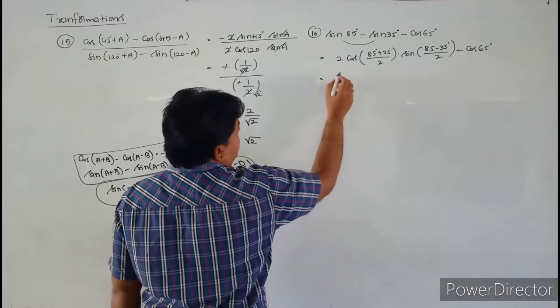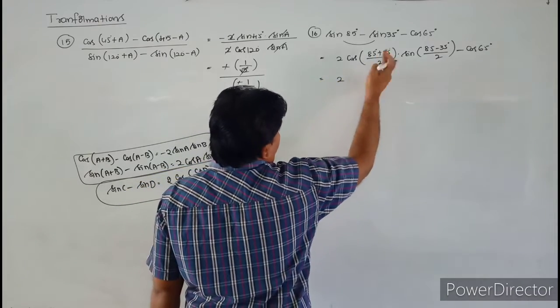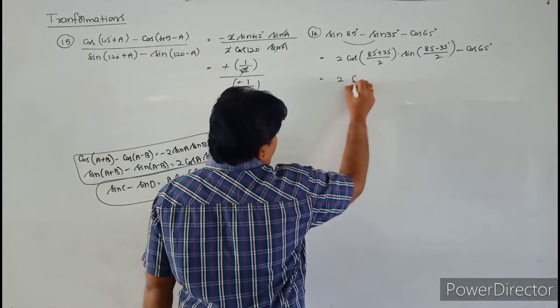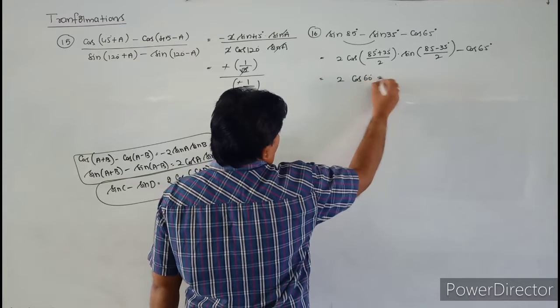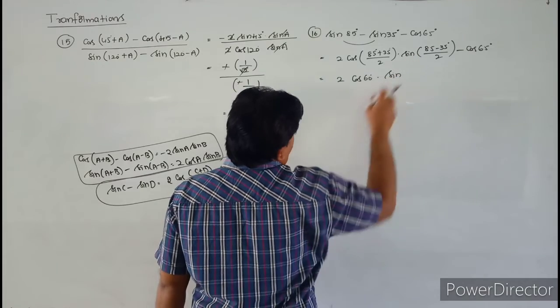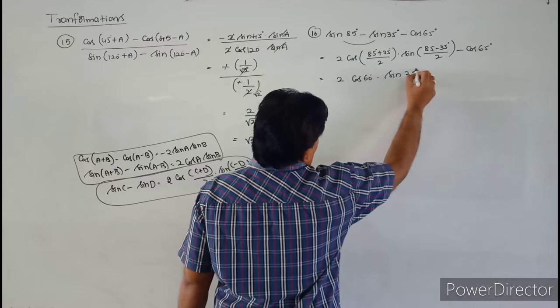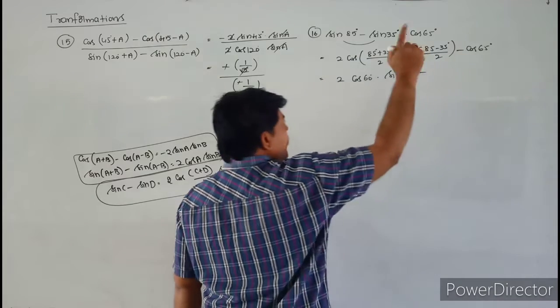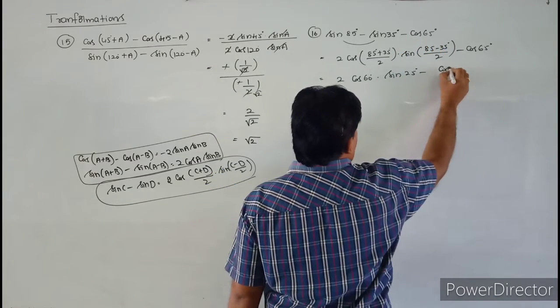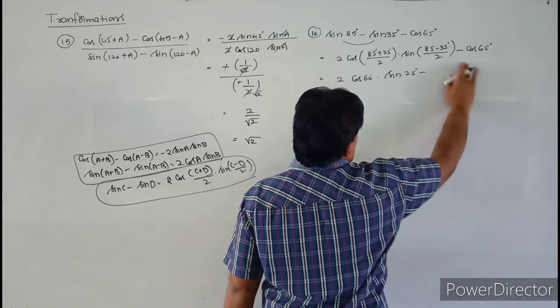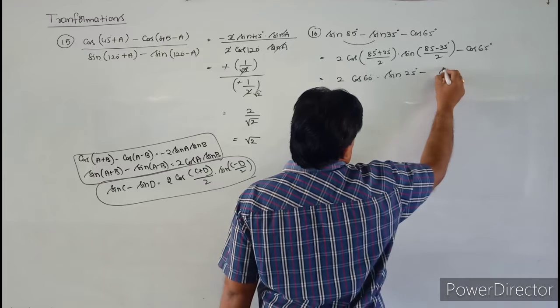So what happens, students? 2 into cos of 85 plus 35. 85 plus 35 is 120. 120 by 2 is nothing but 60 degrees, into sin of 85 minus 35 is 50, 50 by 2 is nothing but 25 degrees, minus cos 25. Cos 65 you can change to sine.